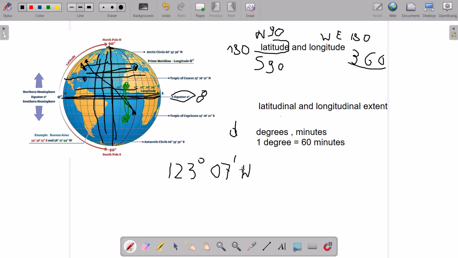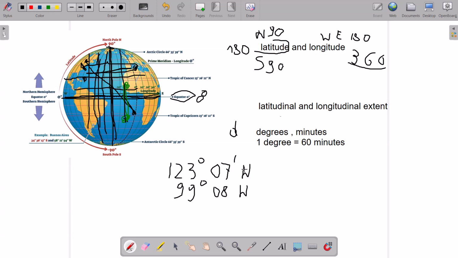This is longitude because we have lines like that, vertical lines. So we will have west, and another point will be 99 degrees and 8 minutes west. So here we still have the same hemisphere, the same with west.